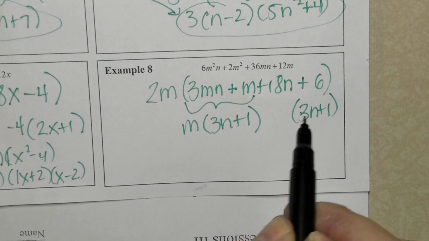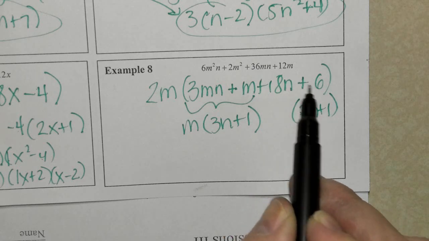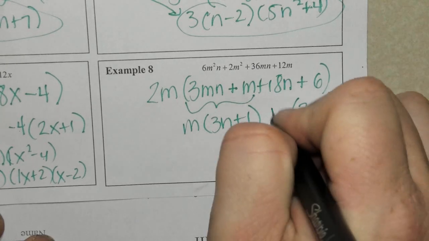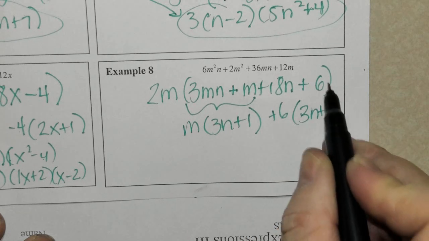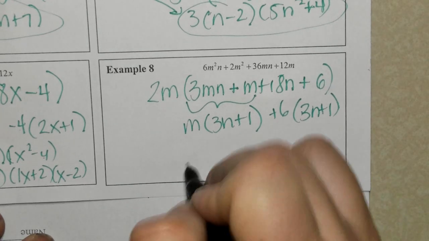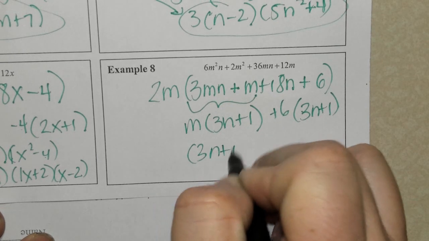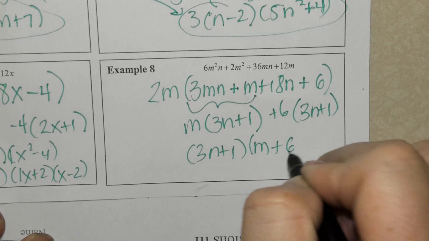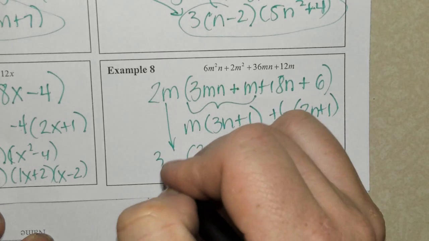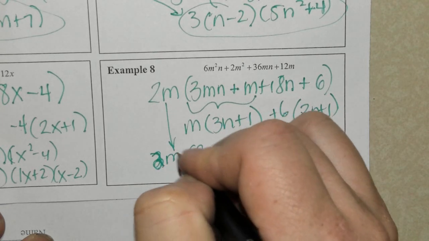What value times 3n is 18n? A positive 18n, it would be 6. Let's make sure this is factorable. Okay, that works, and this also works. So they both contain the parentheses 3n plus 1. In front of the first parentheses is m, in front of the second is 6, and don't forget about the 2m out front.